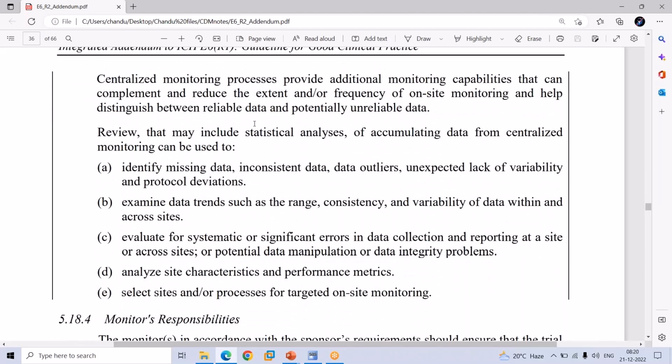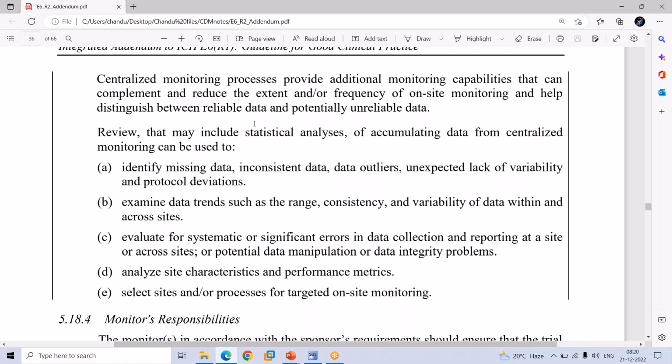So this is a row check. They may include statistical analysis of accumulating data from the centralized monitoring, so that it can be used to identify missing data, inconsistent data, data outliers, unexpected lack of variability, protocol deviations, and any non-compliance with the protocol.